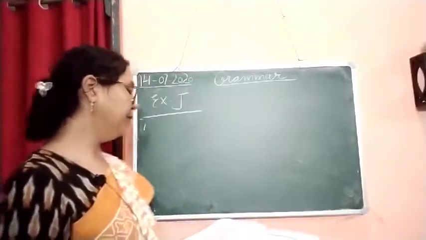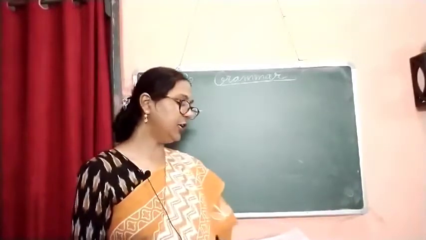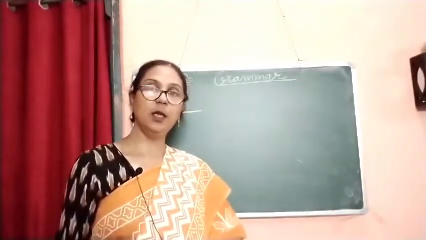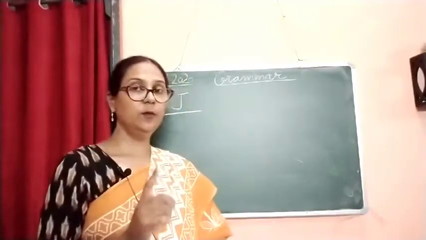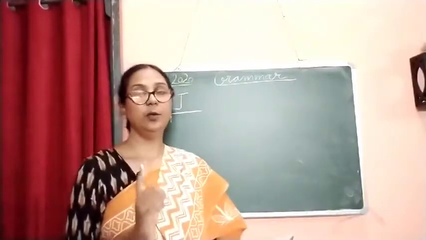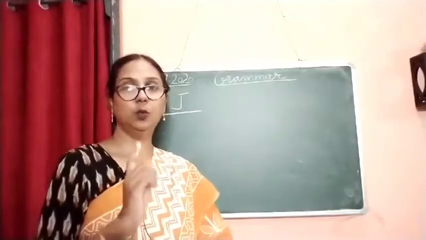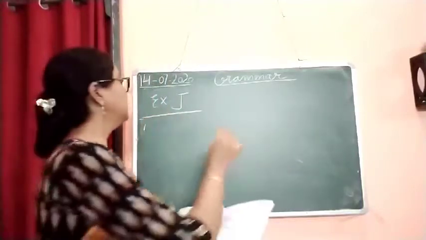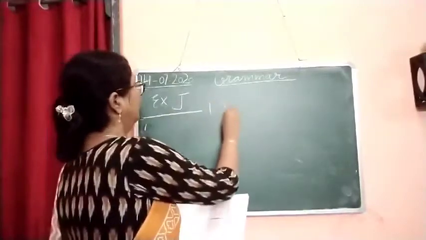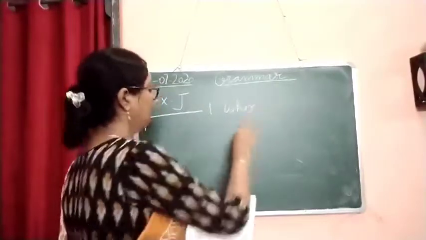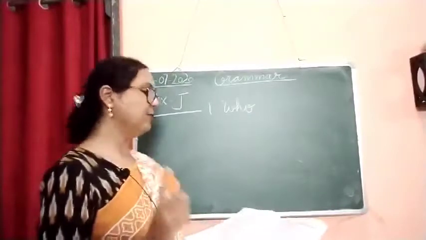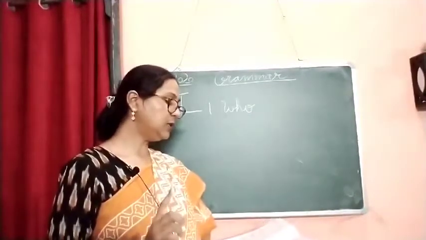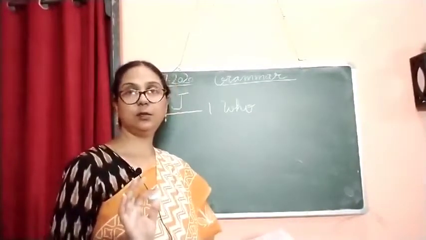I know someone dash eats only fruits. Now here what are we going to use? We are going to use who, because it relates to a person. So first we are going to write who. I know someone who eats only fruits.